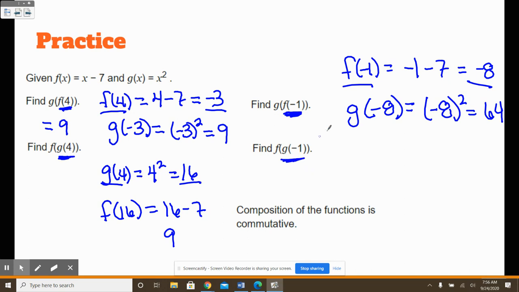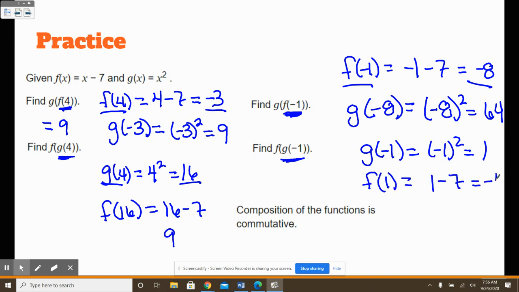What is g of negative 1? g of negative 1 is negative 1 squared, which is positive 1. g of negative 1 is 1, so my new problem becomes f of 1. That will be 1 minus 7, which is negative 6. So even though it looked like it could be commutative and order wouldn't matter in the first two examples, in these second two examples, we see that is not the case. It is not commutative.